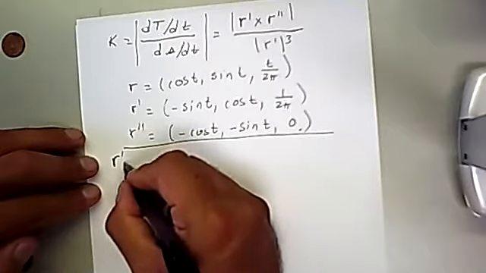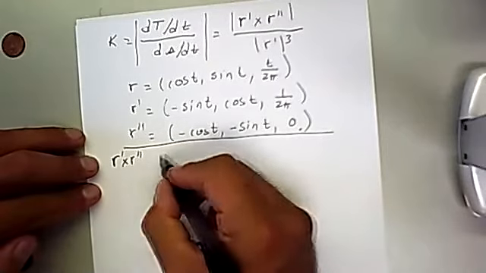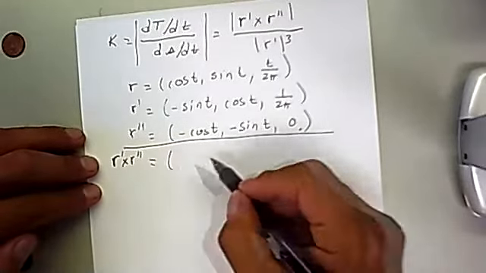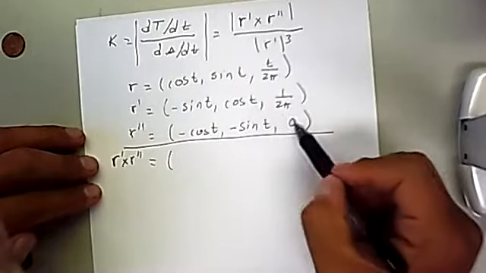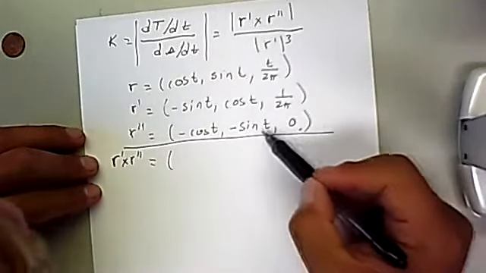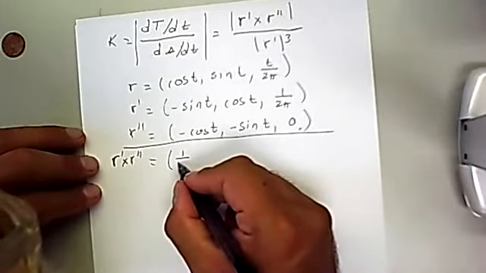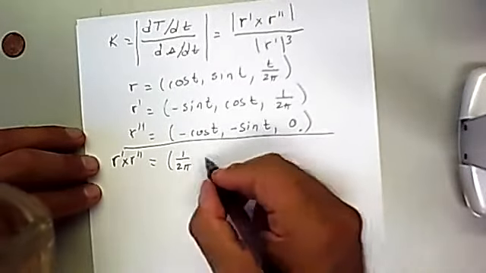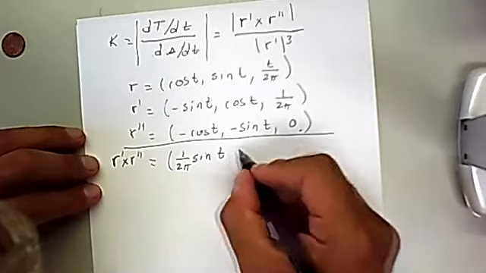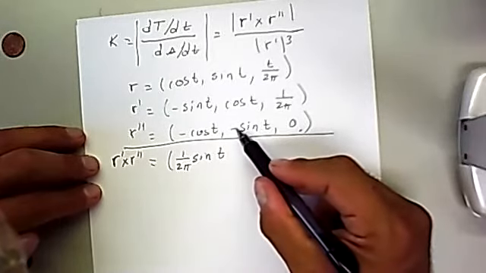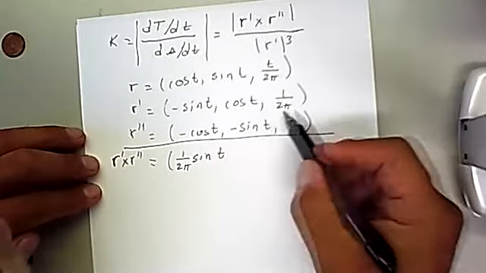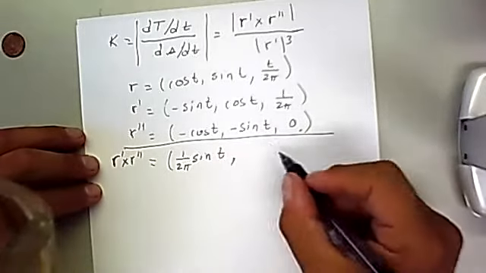Anyway, r prime crossed r double prime will be, remember how to do the cross product? We have a 0 here, so that's going to be 0 plus 1 over 2 pi sine of t. I believe this negative gets simplified with another negative from the multiplication, comma.